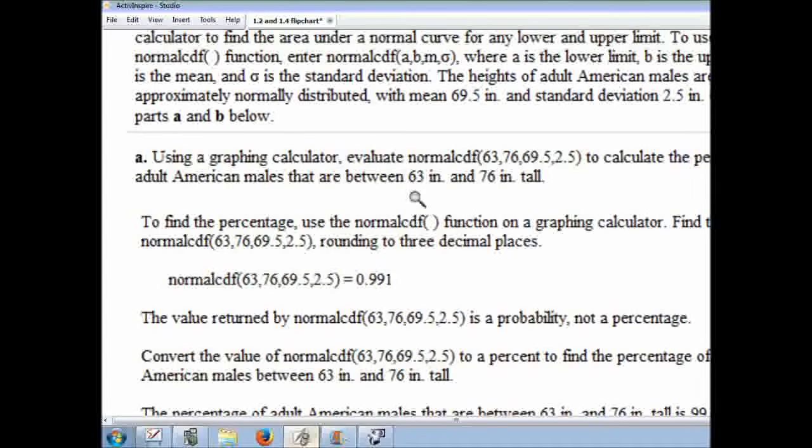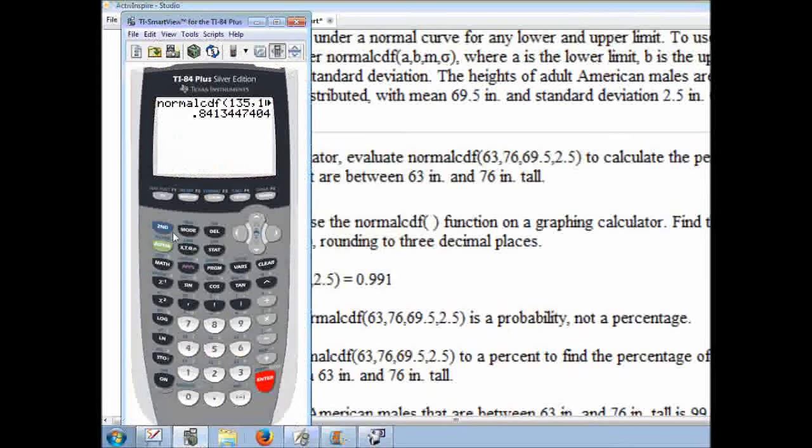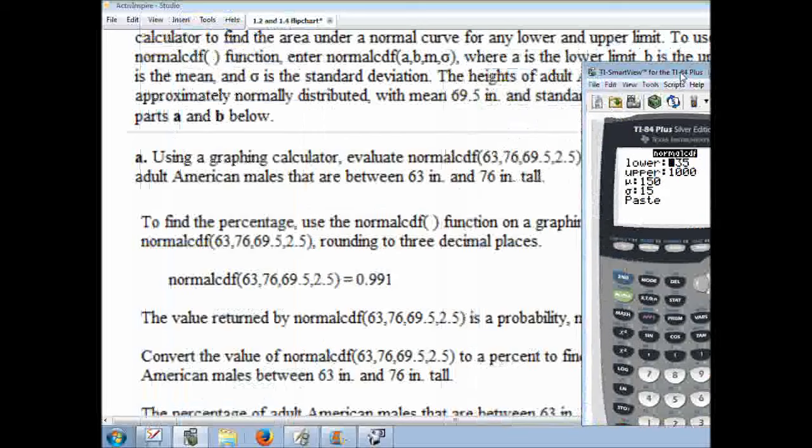Using a graphing calculator, calculate the percentage of adult American males that are between 63 inches and 76 inches. So we go back, second, VARS, normal CDF, and now they've given us both an upper and a lower bound.